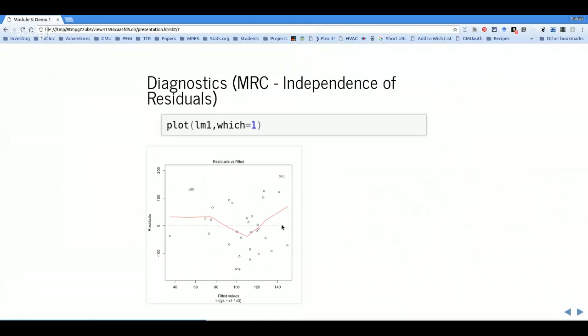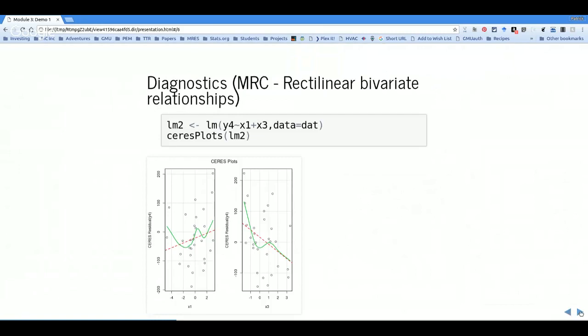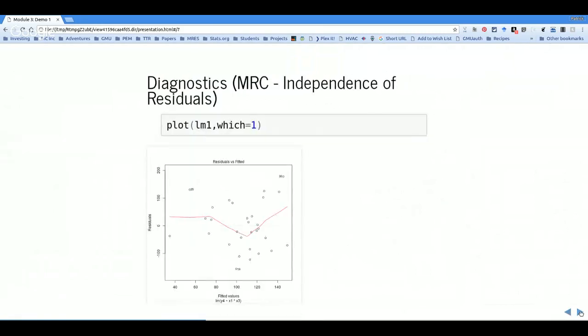Again, just like the green lines in the previous plot, the red line is a lowess curve. It's very sensitive to the data points. Ideally, we'd like it to be horizontal. For the independence of the residuals, the thing I'm looking for is symmetry around 0, so that I could draw a distribution around this that would look pretty good.